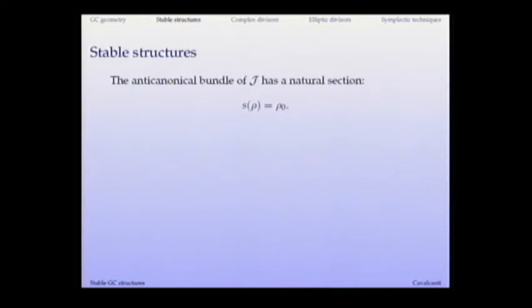So the next thing I'd like to say is to introduce stable structures. And to introduce those, I'll just get back to the canonical bundle. And in fact, I'll go to the dual of the canonical bundle, the anti-canonical bundle, and that one always has a section. Namely, if you have a spinor rho, a form rho, which is a section of your canonical bundle, the section S applied to rho, the anti-canonical section applied to your canonical section, should give me a function, and the function is the degree 0 part of this rho, okay?